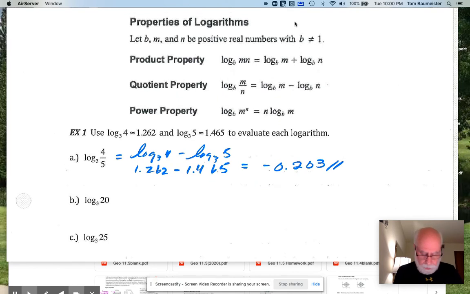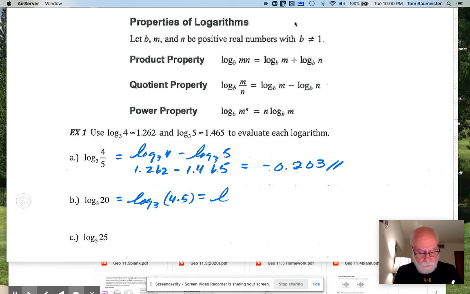Next, log base 3 of 20. Now look, they're asking us to put it with 4 and 5. So what do you know? What times what would equal 20? If you think about that one, you would tell me it's equal to log base 3 of 4 times 5.